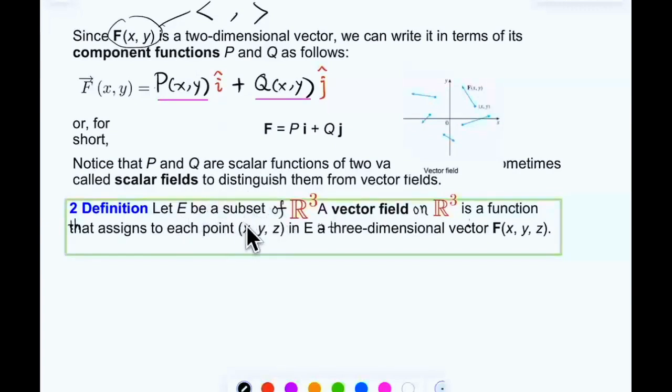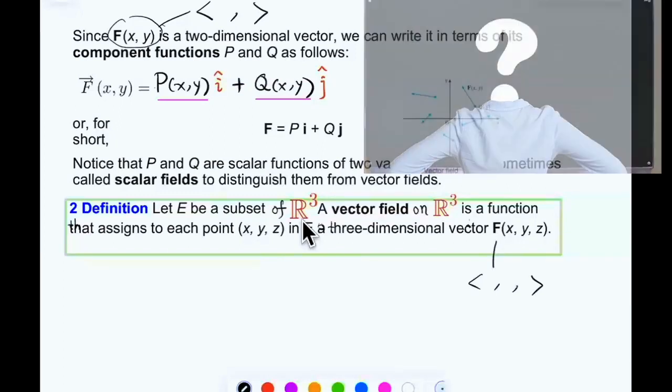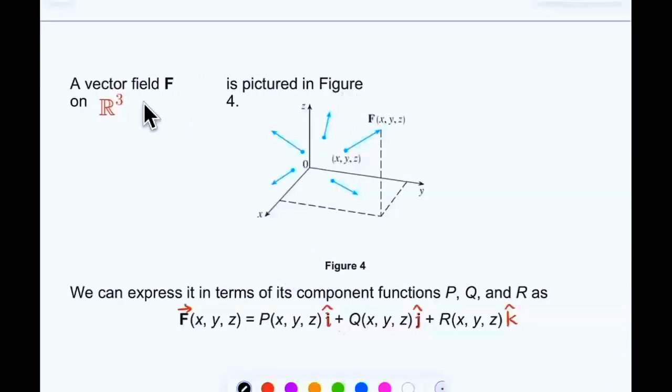Now this definition just extends the definition to R3. If you have a set in R3, a vector field on R3 is a function that assigns to each point x, y, z in the domain of the function a three-dimensional vector F of x, y, z. So R3 maps to V3. And here's a picture of a vector field on R3, which we just went over. Every point in R3, we associate with a three-dimensional vector.